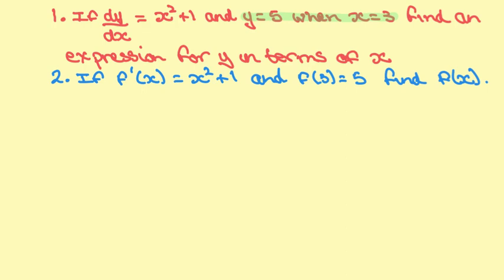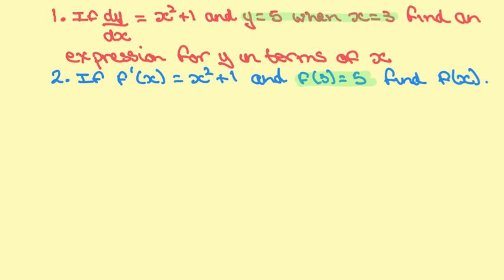The second way it might be written is if f dash of x equals x squared plus 1 and f(3) equals 5, find f of x. Again, we're given the same boundary condition. We're told that f(3) equals 5, which is another way of writing when x equals 3, y equals 5.